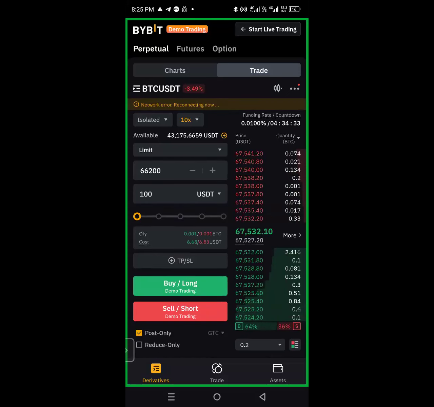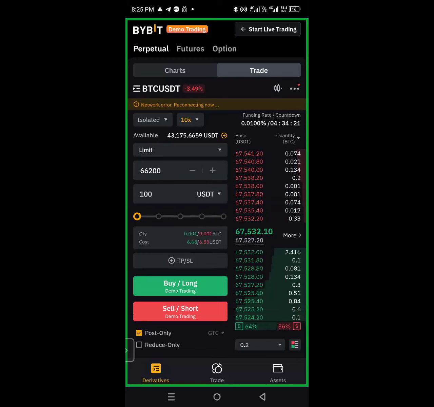Now, if you check the right part of the screen here, there's a price section in the middle of the bid price, and there's a price here.